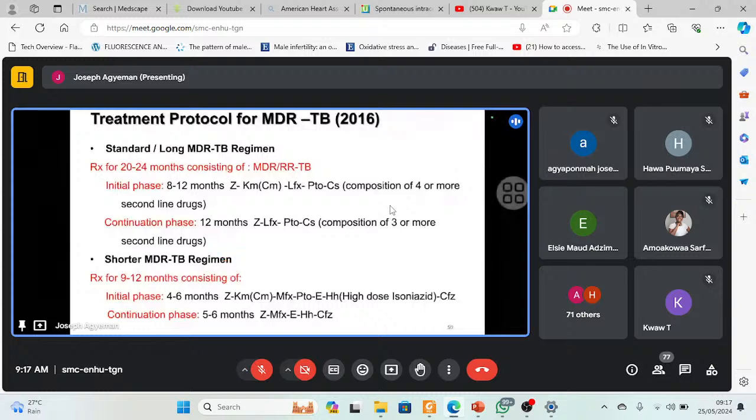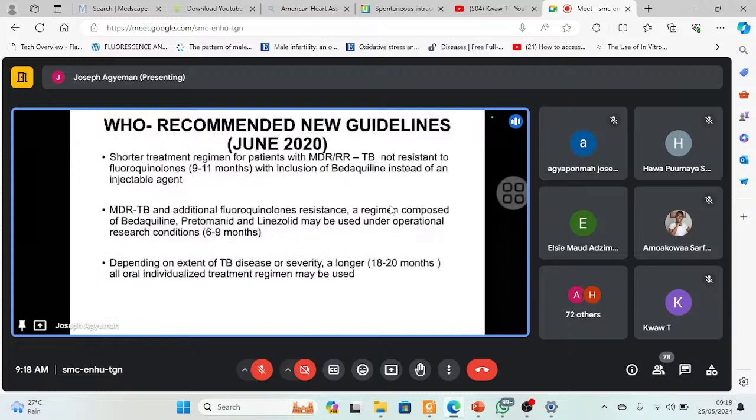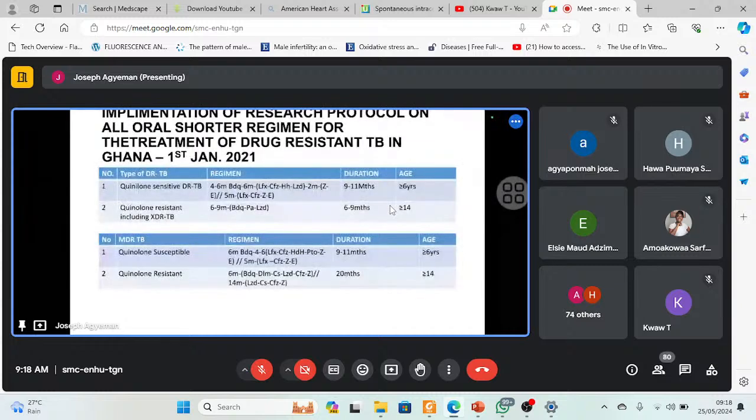This is possibly for MCQ purposes. I'm not sure anybody will set a question for you and ask you to treat multi-drug resistant TB, but you just need to know. It's the same thing that has been explained in this slide. When you want to consider specific resistance, especially whether there is resistance to the fluoroquinolone or not, then we have this regimen.